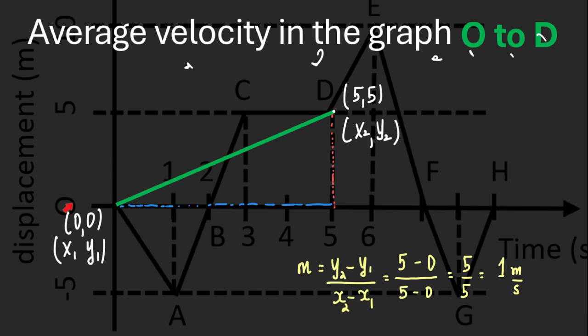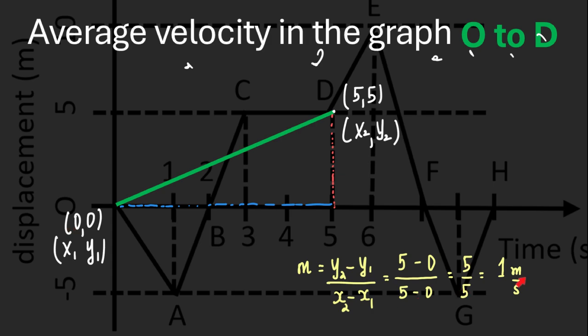What are the coordinates of O? It is 0, comma 0. Coordinates of D, 5, comma 5. Why? Because 5 here and 5 here. Right? Now, what is m? m is equal to y2 minus y1, which is 5 minus 0, divided by x2 minus x1, which is 5 minus 0.